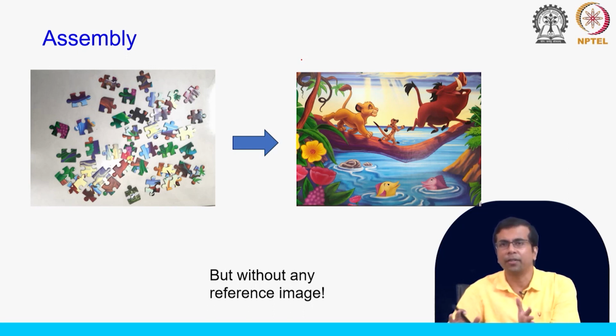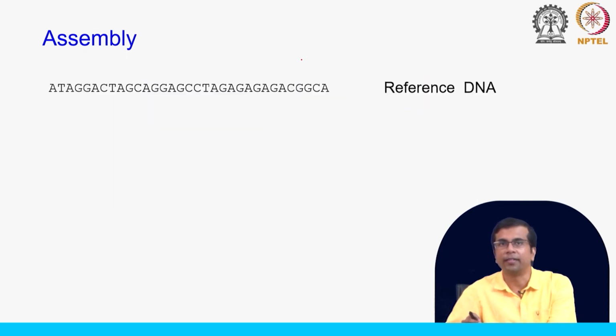We can maybe guess or know the number of chromosomes, etc., by other methods, but apart from that we will probably have no idea about the sequence of the genome. So, without looking at any picture or any reference, we have to put them together so that they make some sense. This is what the assembly problem is, and that is why it is incredibly challenging.